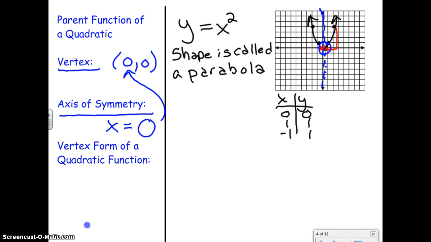The nice thing about parabolas, which is a quadratic function, remember the shape is called a parabola, but the function is called quadratic. The nice thing about them is that they work very similarly to the absolute value function.